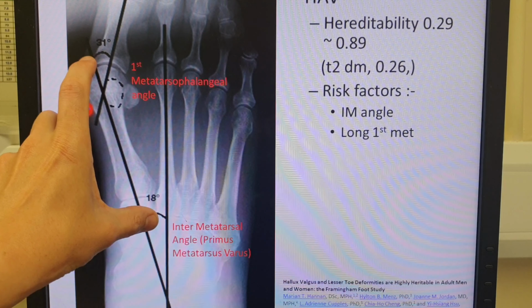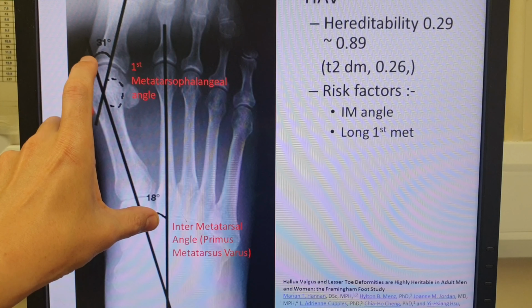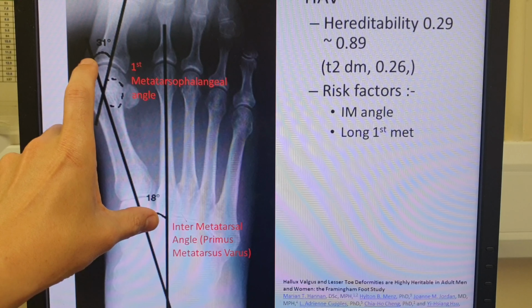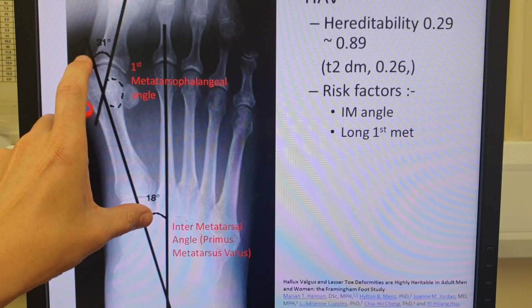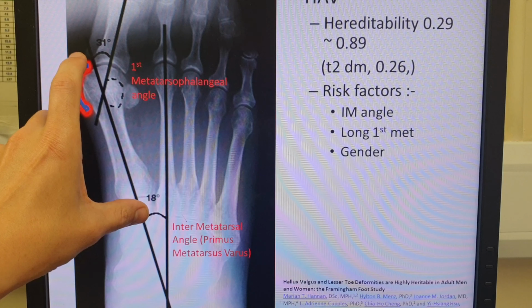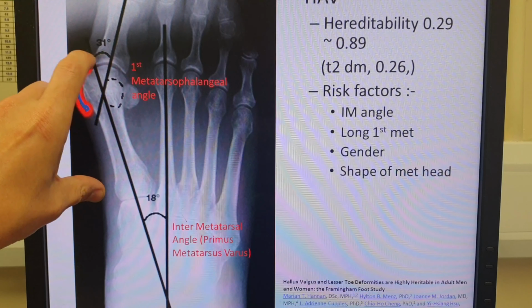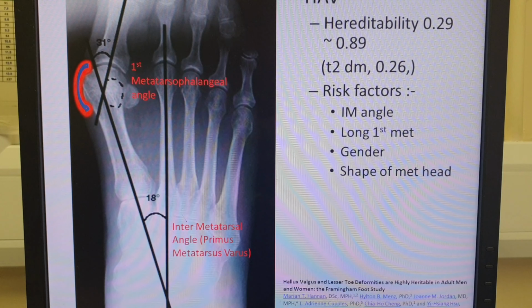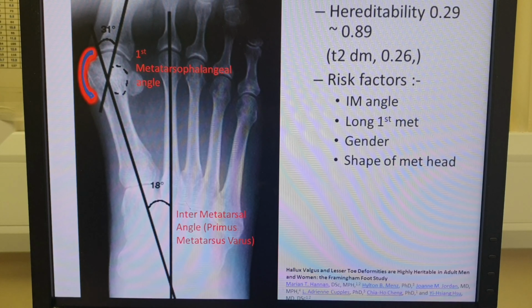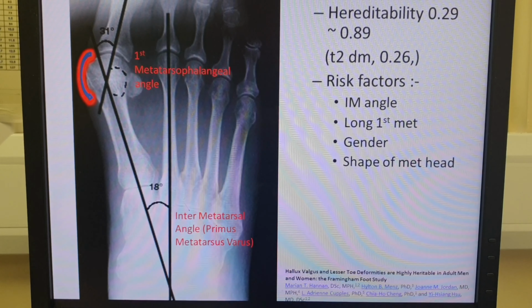Having a longer first met, which again kind of makes sense intuitively. If you have a longer first met, you are more likely to have HAV. Being a woman makes you more likely to have HAV. Sorry, ladies, sucks to be you. And having a more rounded met head is another predictive factor, which is probably to do with how stable that joint is.